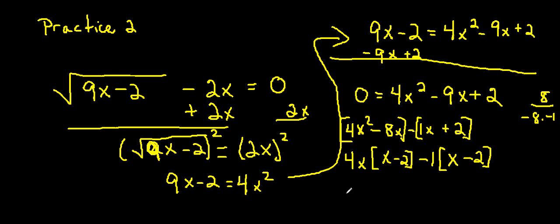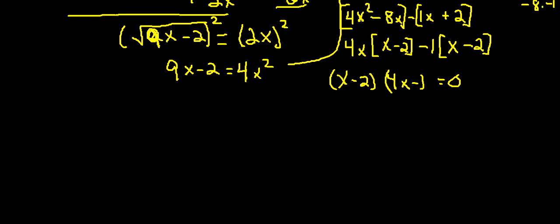I'll pull out my common binomial factor of x minus 2, and what's left is 4x minus 1. All this equals 0, of course. Now I can see that my solutions are x equals 2, or x equals 1 divided by 4. Those are my two solutions for that problem. And we always check to see if they work.